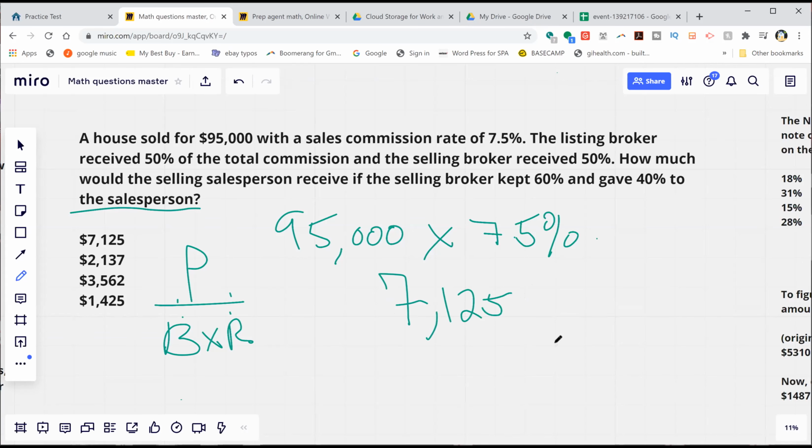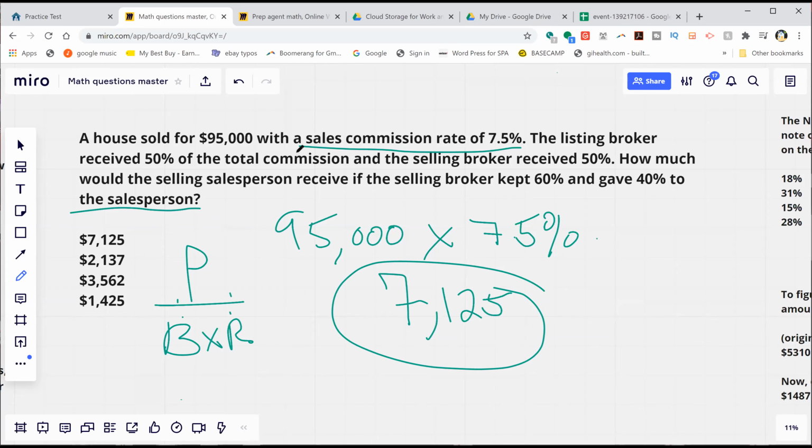And what we have to do is understand what that represents. That represents the total commission, the sales commission off of the $95,000.